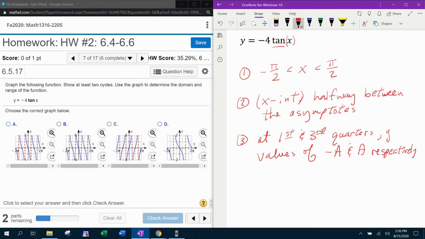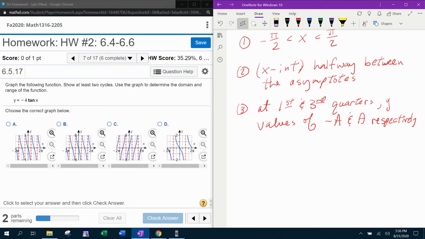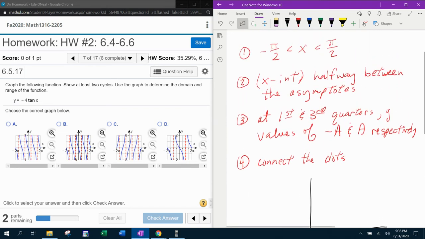Okay? And I'll explain what that means in just a second when we sketch the graph. And the final step, we're going to play connect the dots. All right, so let's get us a coordinate system down here so that we can go through and demonstrate how these 4 steps lead us to the graph.